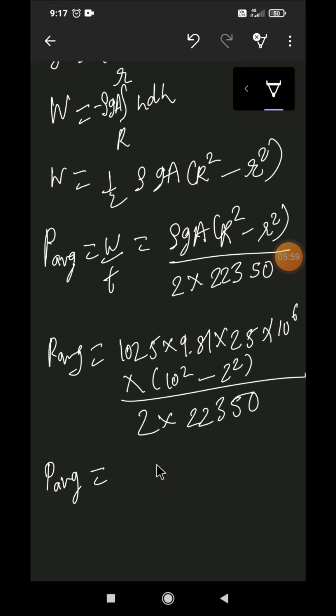So the average power P average will be equal to 1943.568 into 10 raised to 6 kilowatt hour.